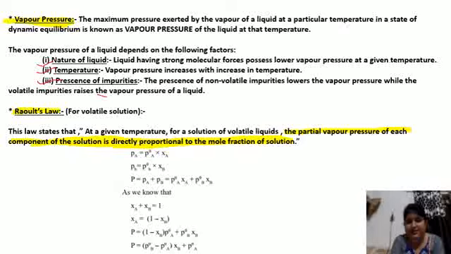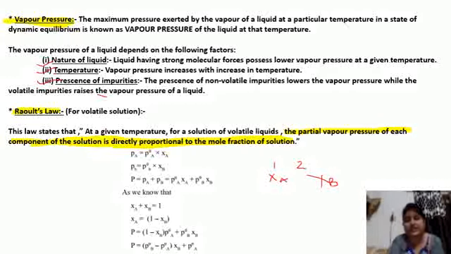See, here we have considered that there are two components, A and B. What we consider, there are two volatile liquids, 1 and 2. Its mole fraction is XA and its mole fraction is XB.